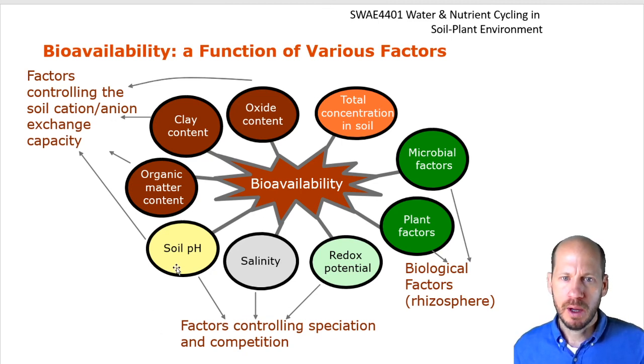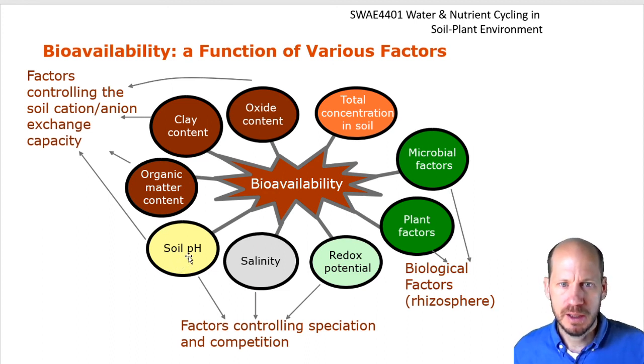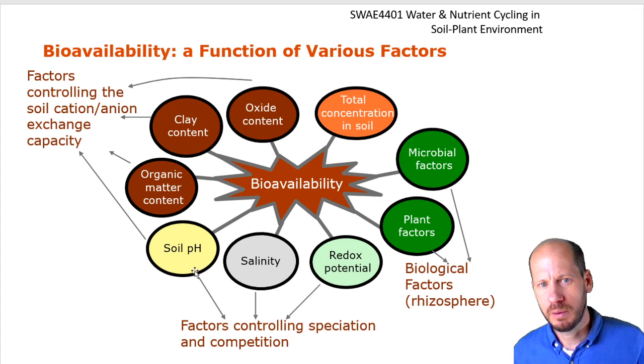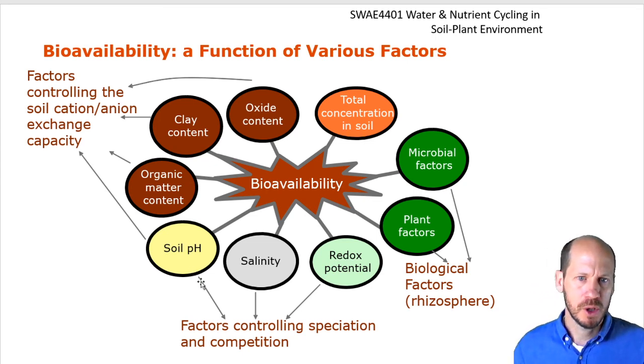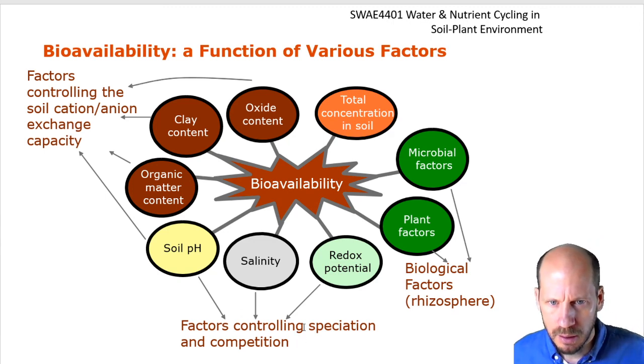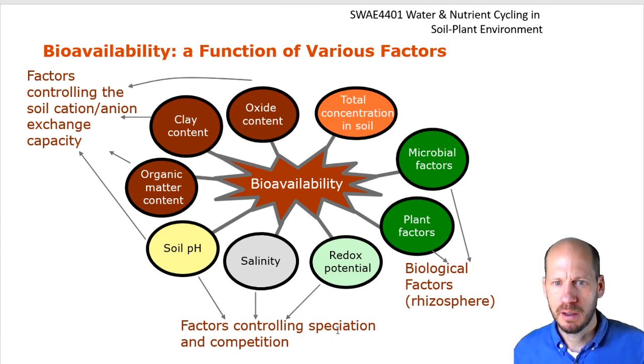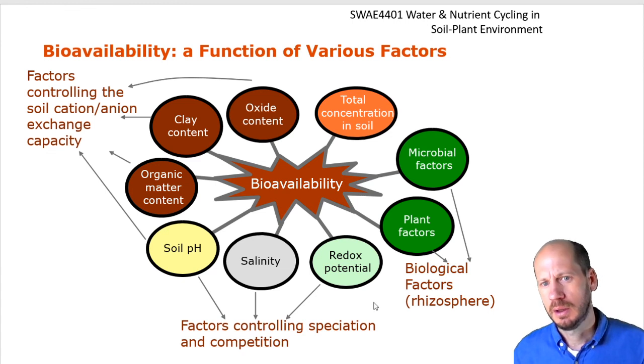Soil pH will regulate the solubility of these precipitated ions. Some ions will be in precipitated molecular form at some range of pHs, but in ionic form in other ranges of pH. Salinity may regulate this uptake by plants by competitive absorption of different ions.